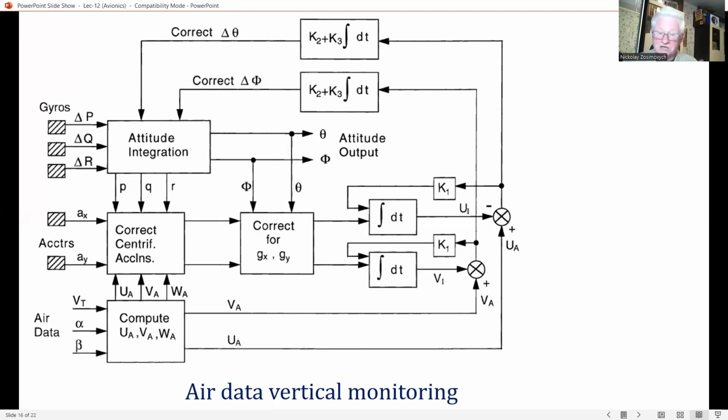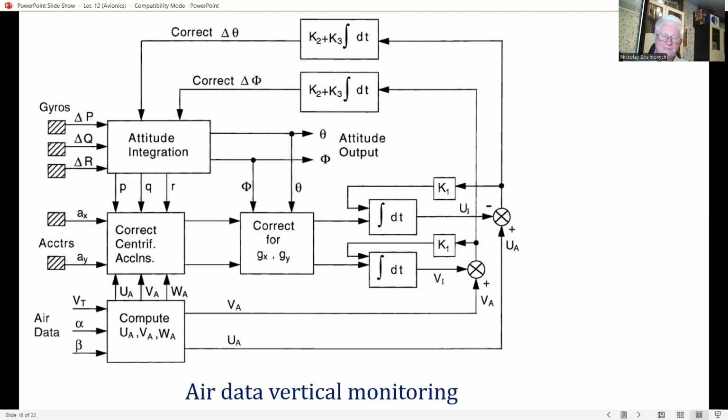The air data inertial velocity errors, UA minus U1 and VA minus V1, are thus fed back as shown in this figure to the U1 and V1 integrators to slave U1 to UA and V1 to VA, and to the attitude computer to correct the pitch and bank angle tilt errors and reduce these to zero.